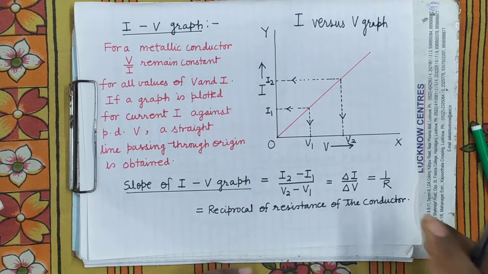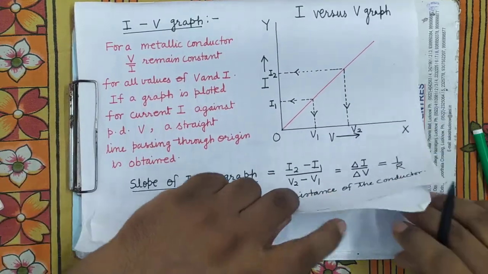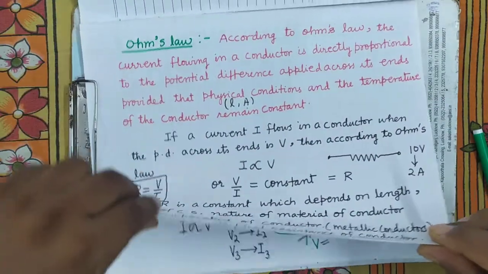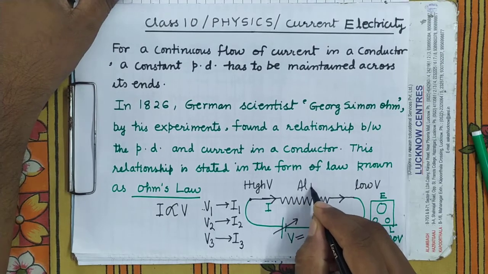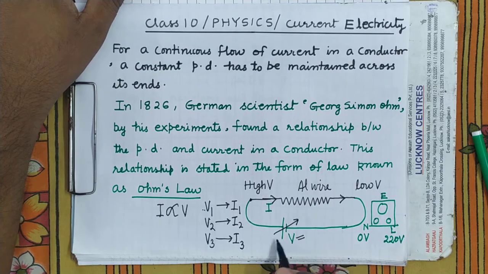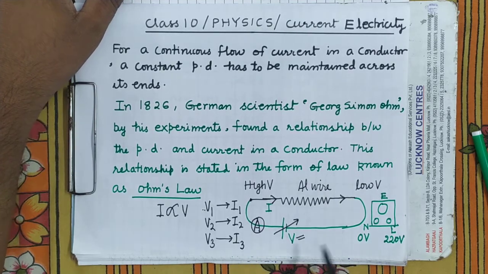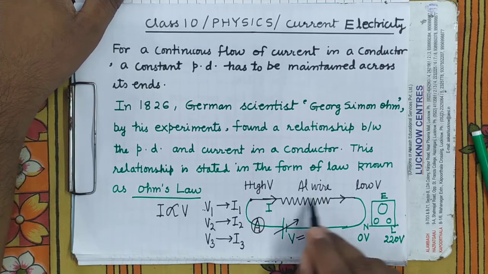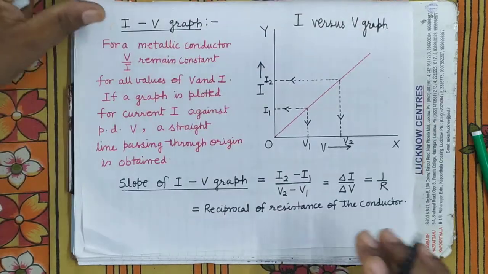If you conduct the experiment, for example, you take a metallic conductor, suppose this is an aluminum wire. By applying different values of potential difference, you record the current with the help of an ammeter. An ammeter is an instrument which records the strength of current. So by applying different values of potential difference, you record the current flowing through it. You get these values. Then you plot the graph here.